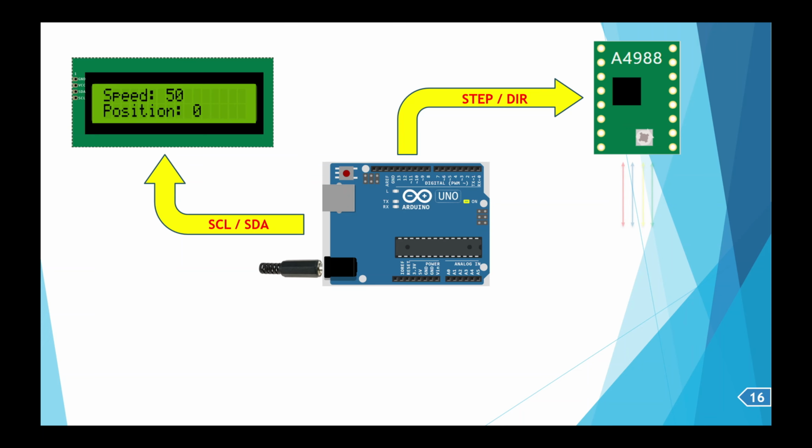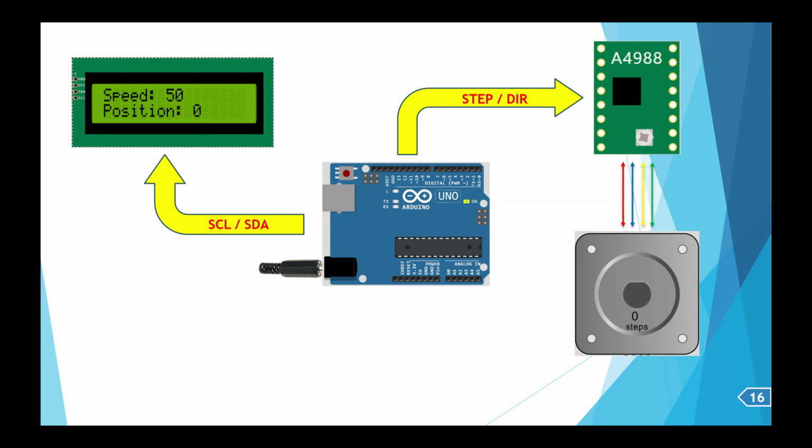Now after getting the supply, the A4988 driver will start supplying pulses to the NEMA 17 stepper motor. And the NEMA 17 stepper motor is connected directly with the A4988 driver. Here you can see one thing, that the position is nothing but the shaft position, or you can also understand it like this, that the steps that will be counted here are nothing but the position.